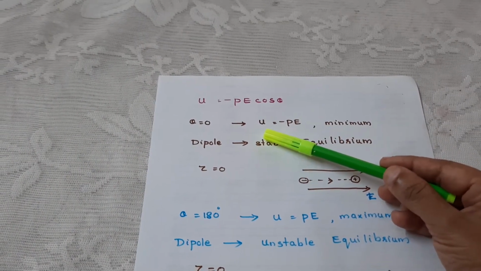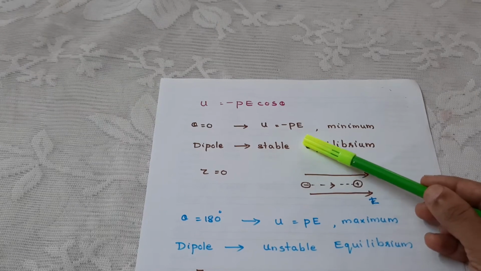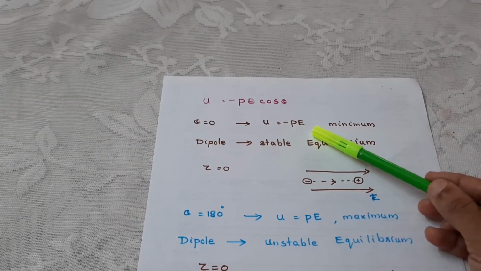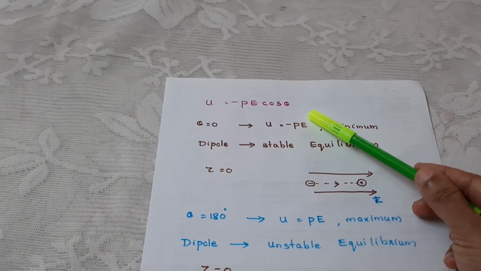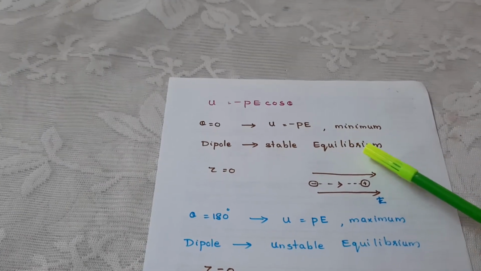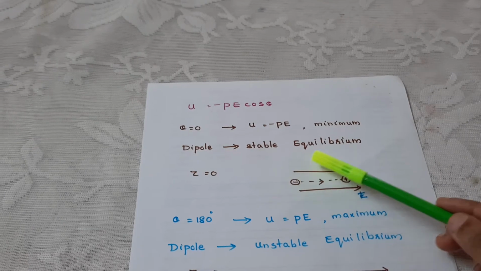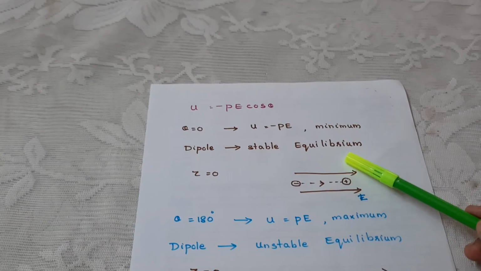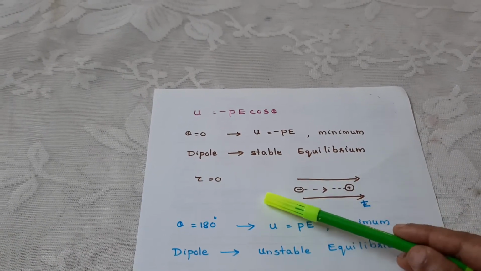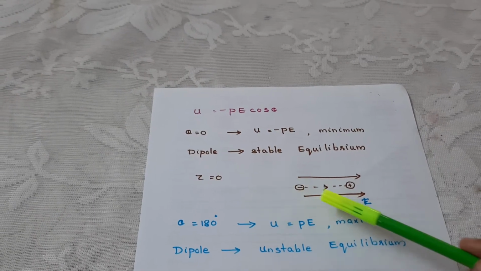If theta is equal to 0, U is equal to minus pE. Cos 0 is 1. It is the minimum value of the potential energy. Then the dipole is said to be in stable equilibrium and torque is 0.